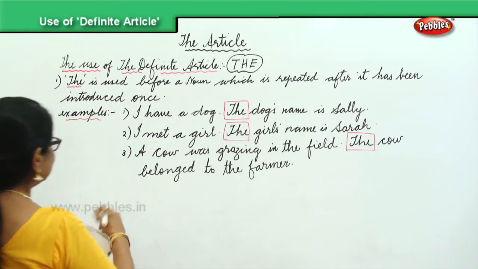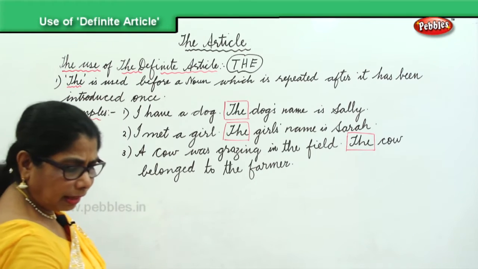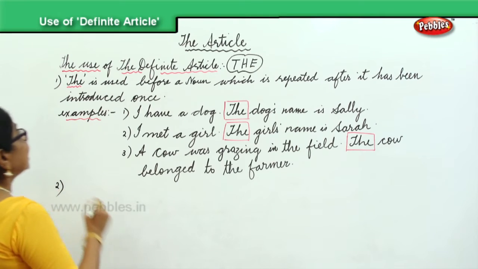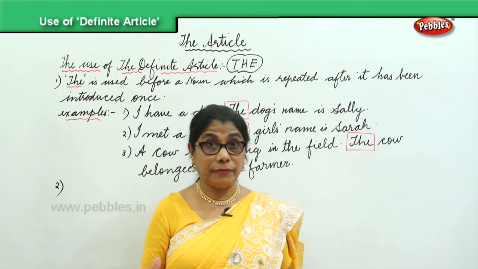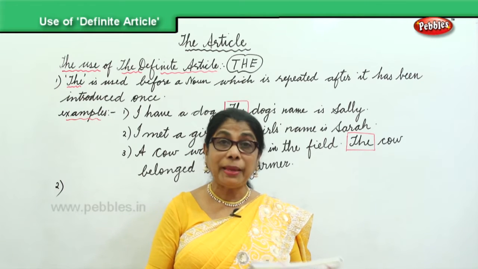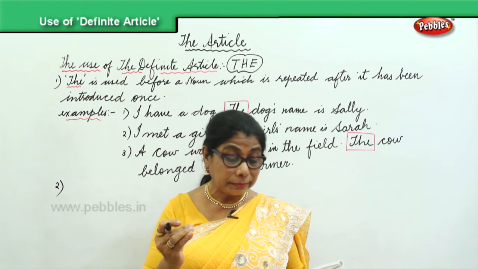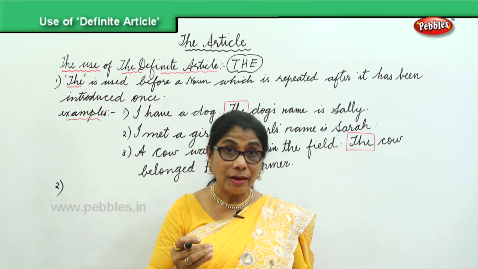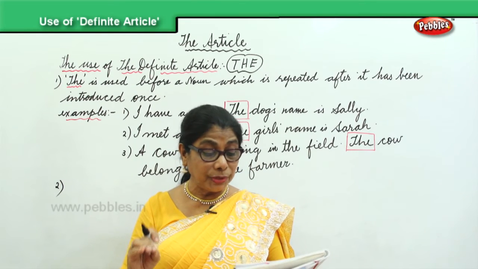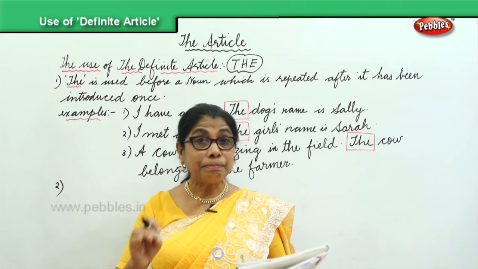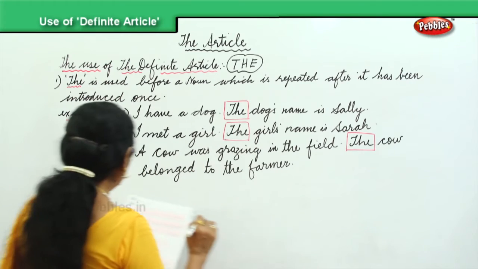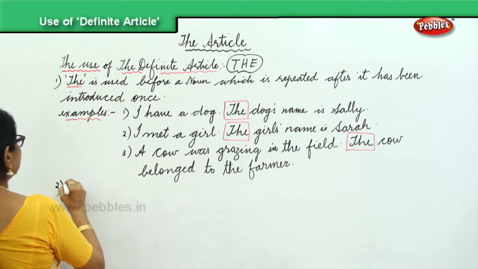That's the first type. Now, in the second type, let's look at the use of the definite article. When we speak of a particular person or thing, the is used. That's the second type.